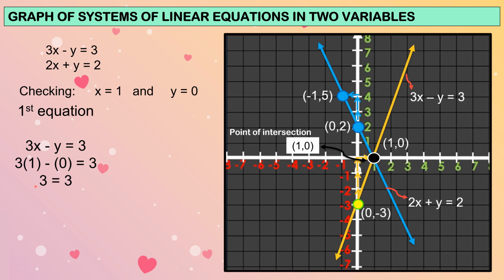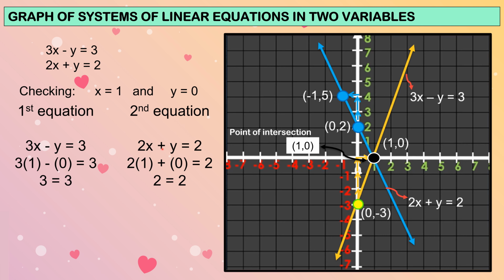As you can see, in our first equation, nag-satisfy yung ating point of intersection. But take note, ang sabi ko nga kanina, hindi lang dapat sa isang equation siya mag-satisfy, dapat sa kanilang dalawa. Let's check. For second equation, 2x plus y is equal to 2.